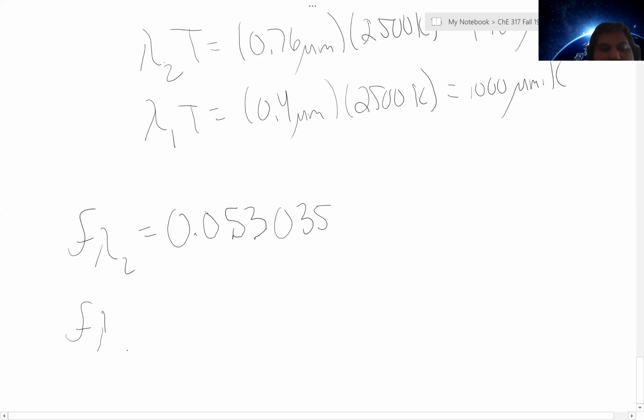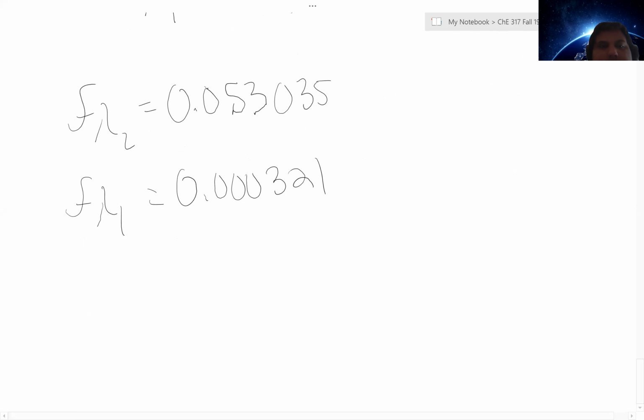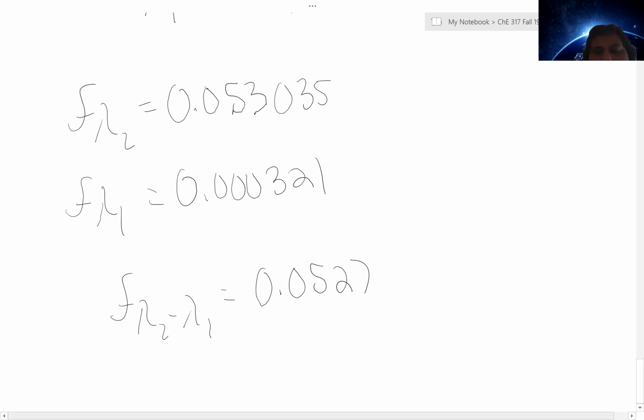And F lambda 1, I was able to get directly from the table. It's 0.000321. And so F lambda 2 to lambda 1 over that range is simply one minus the other, or approximately 0.0527135.